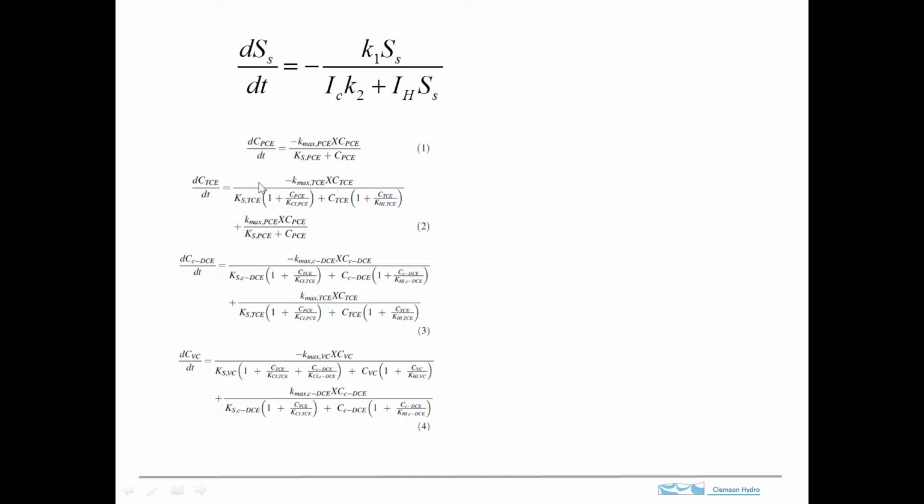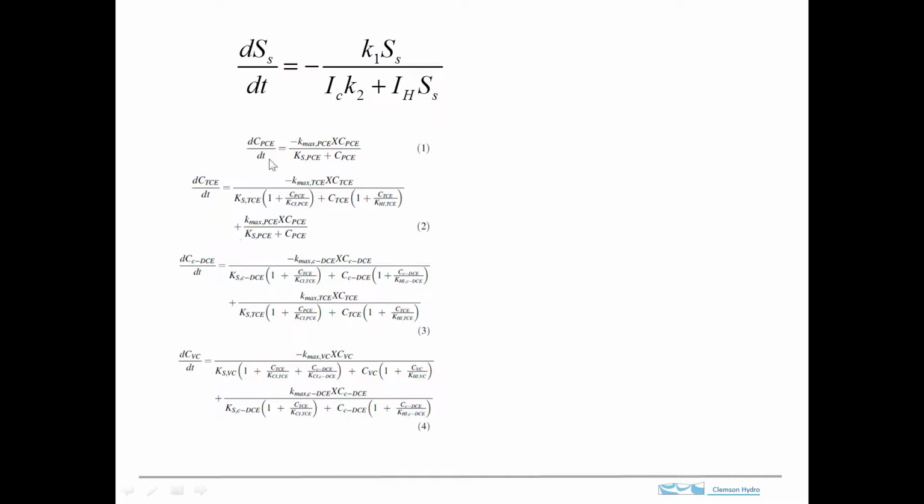And so this is the degradation of TCE by Monod kinetics, and then this is the production of TCE from the degradation of PCE. If we compare this expression to this one, we see that they're identical. It's just the sign has changed.